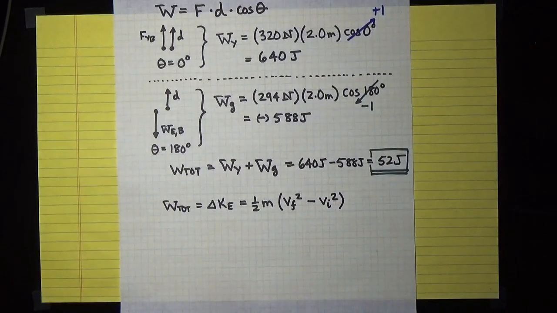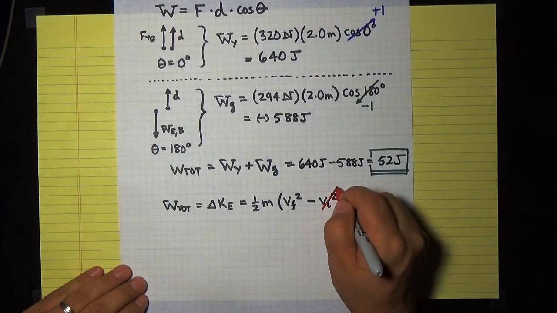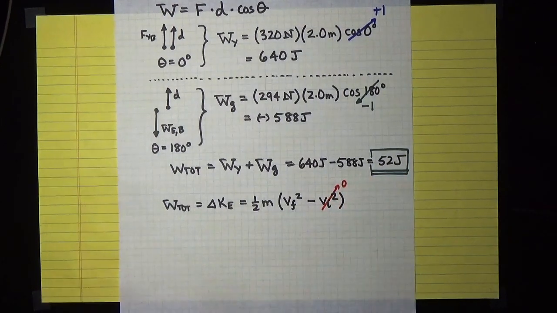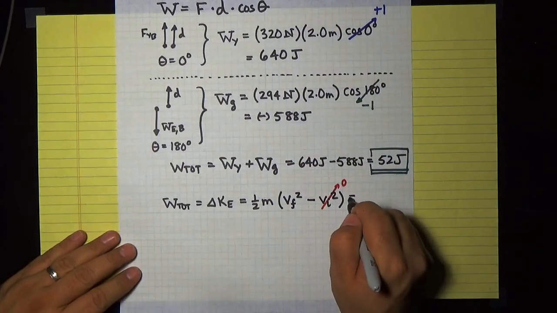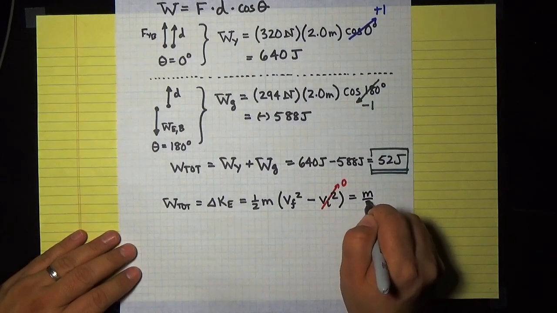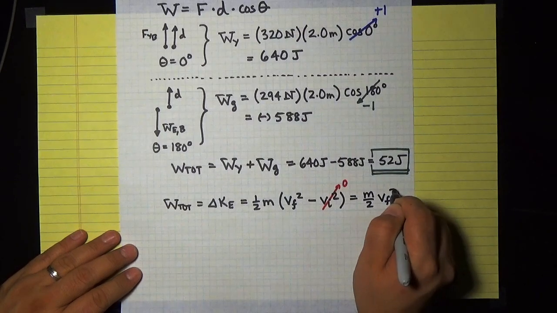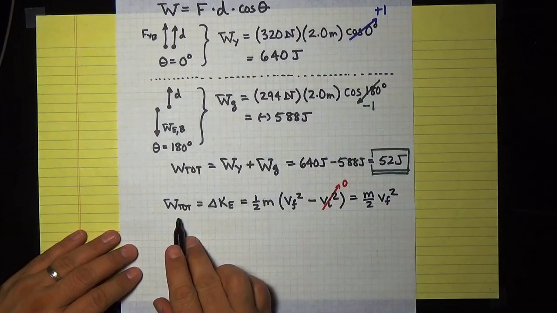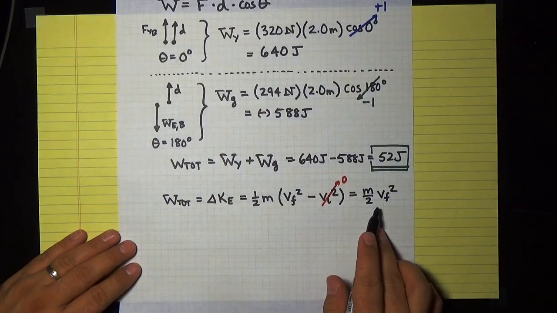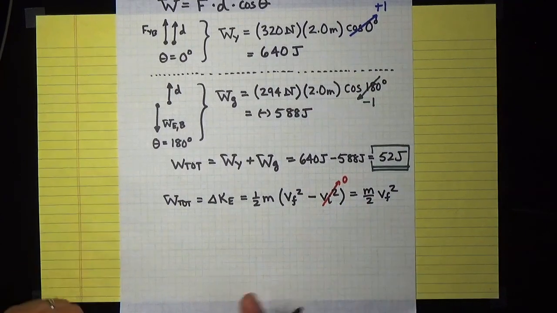Well, the bale is getting picked up off the ground, so the initial speed is 0. And what I'm actually interested in is the final speed. So what we get is the total work done on the bale is equal to a half m times the final speed squared.